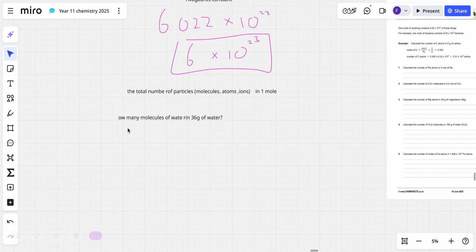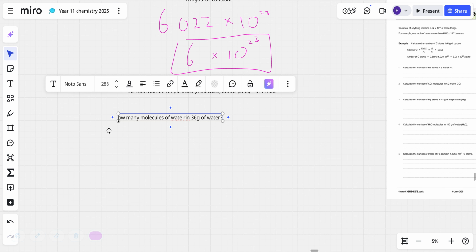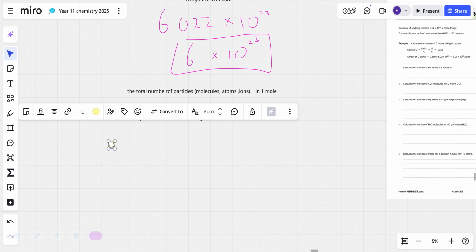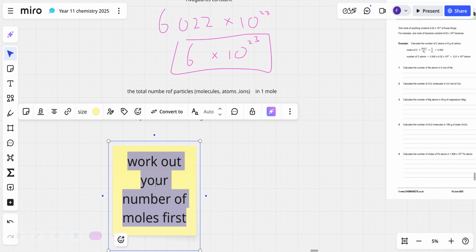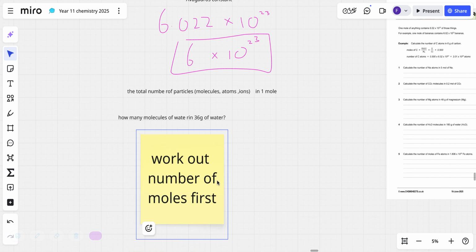So what you always have to do is, always work out your number of moles first. That's the first thing you're going to do. Always work out the number of moles.